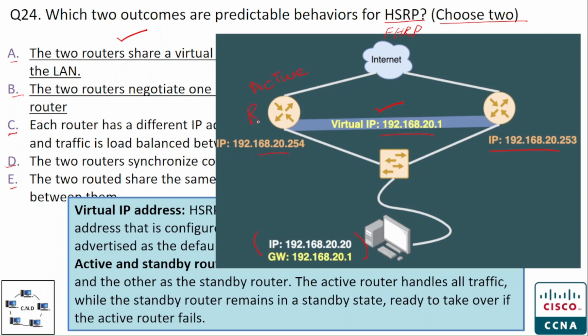Let's suppose this is R1 and the other is passive. So at a specific point in time, the traffic is handled by this active router, and if this router fails, then the traffic is routed to the secondary router, which then becomes active.